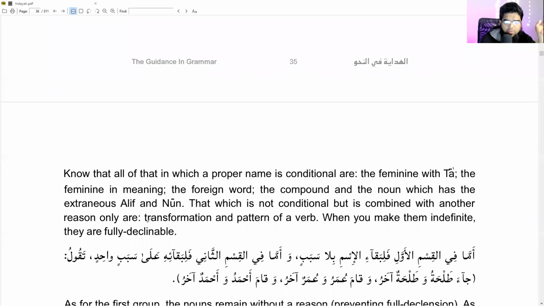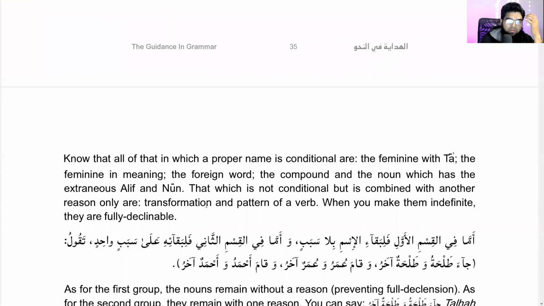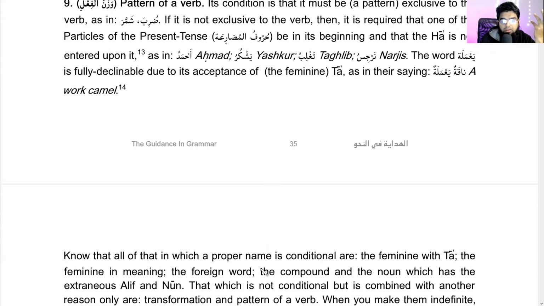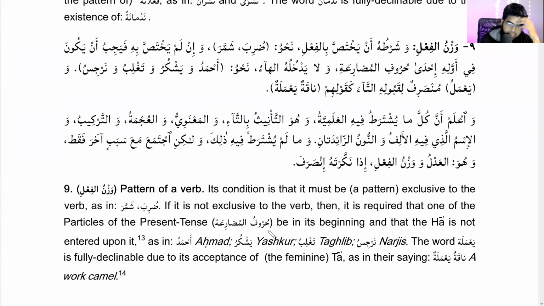So adl, transformation, could come with a noun, could come with a name, or could come with something else like sulathu. If you remember last time, he gave an example for sulathu, where it is changed from salathatun to sulah. So adl and pattern of a verb could be for names or something else also.